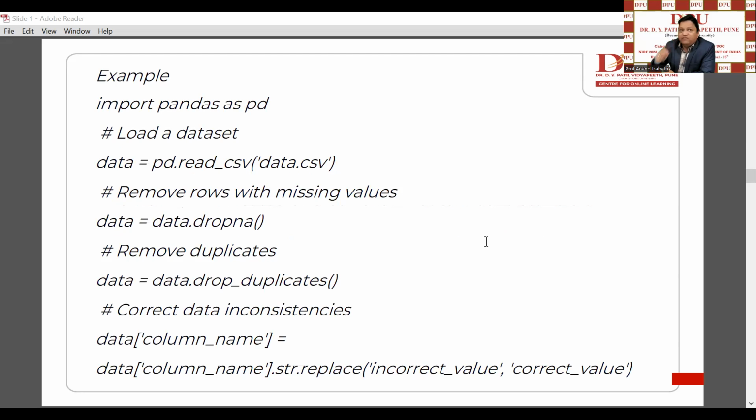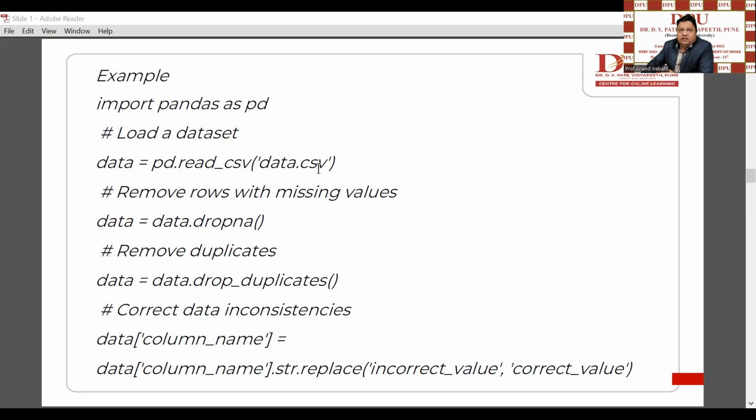So for example, here I'm giving the example of how we can perform this. First, we need to import pandas as pd, because here I'm working with the functions of pandas, that is creating the data frame and working with the data frame. So first thing first, we need to import the pandas library, and by using the object of pandas, I'm reading the CSV file with the help of read_csv and specify the file name.